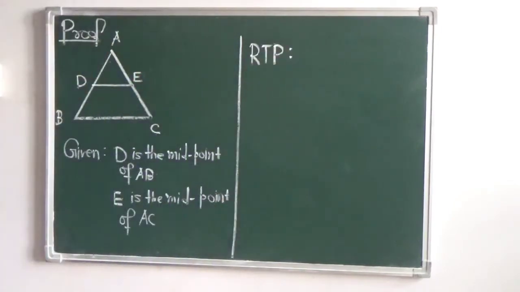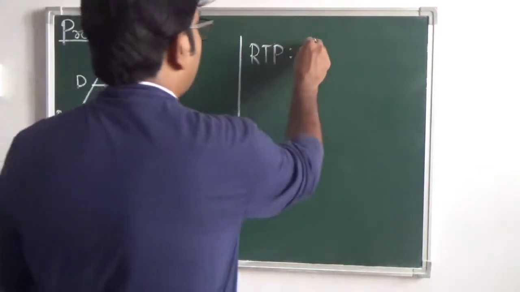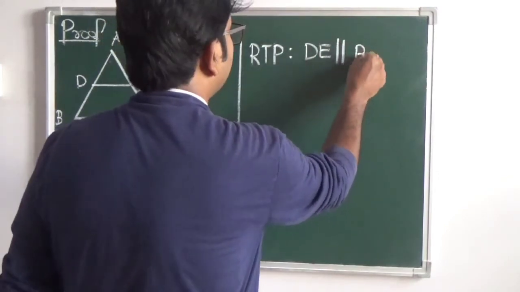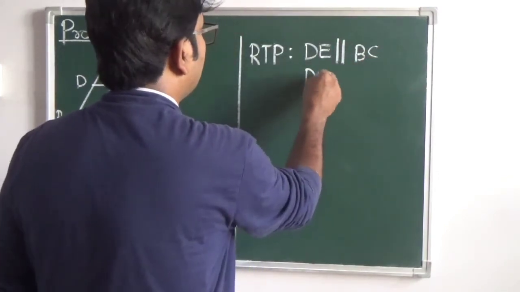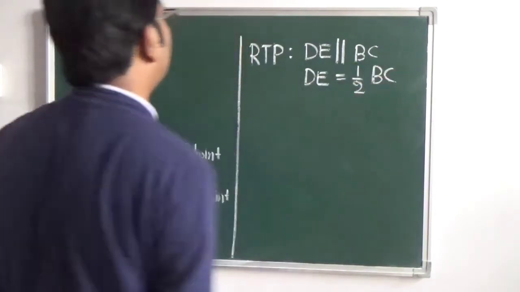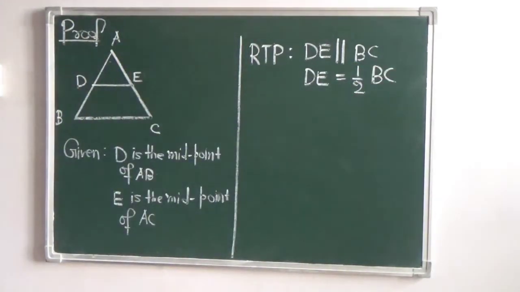RTP: DE parallel to BC and DE is equal to half of BC. So we are given that D is the midpoint of AB and E is the midpoint of AC, and we are required to prove that DE is parallel to BC and DE is equal to half of BC.